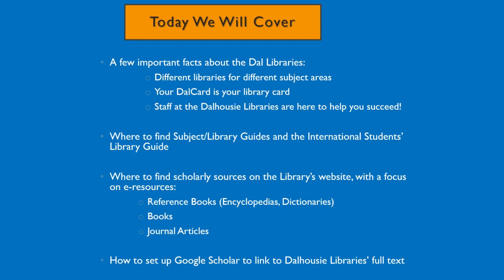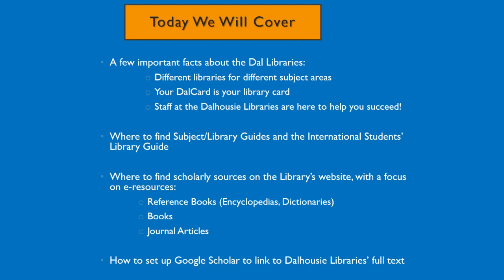As all of our print library locations are closed and we are all working and studying from home, we need to rely right now on electronic resources. So we will focus on reference books, things like encyclopedias and dictionaries. We will look at how to find books, and we will look at how to find scholarly or academic journal articles.